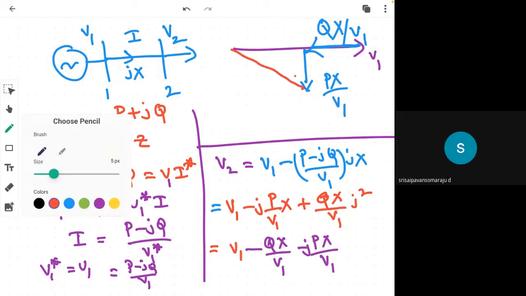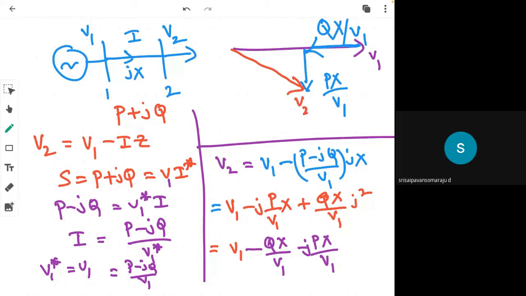Therefore, this is the V2. From the phasor diagram, directly you can subtract the Qx by V1 value, so direct subtraction.